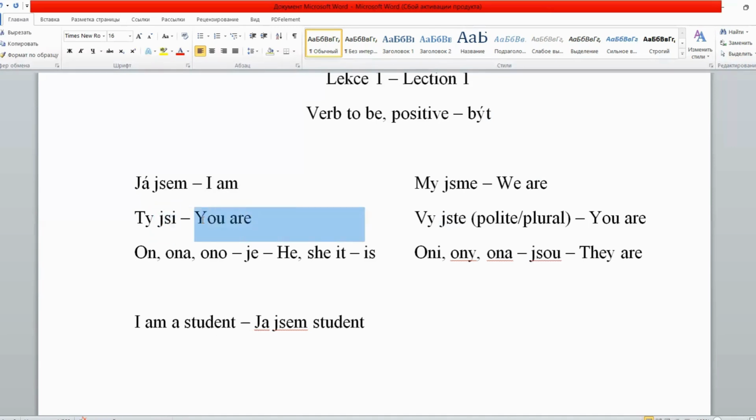How do you say it? Right. Jsi student. This version, or ty jsi student. It won't be a mistake.